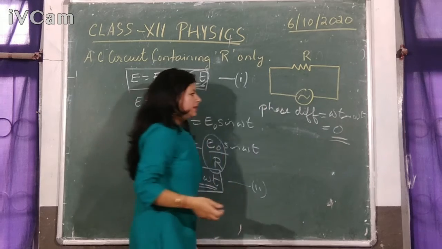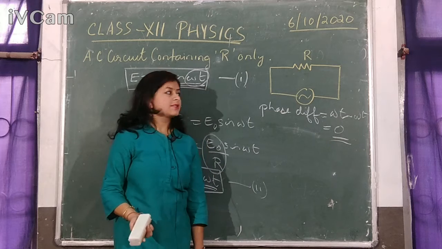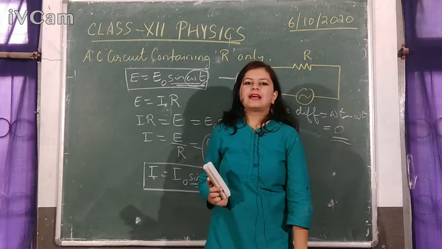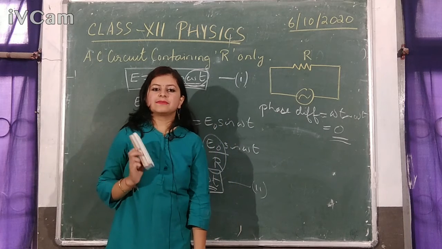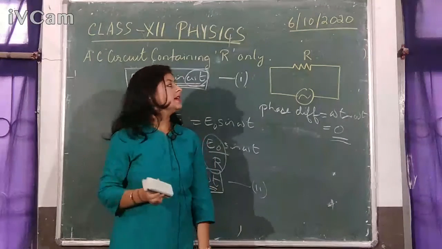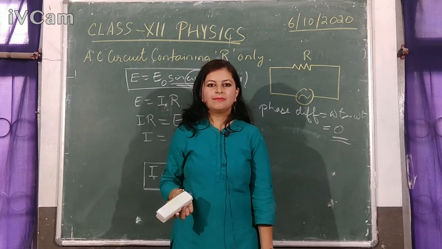That means there is no phase difference between the current and the voltage for a circuit containing R only. It actually means that whenever the voltage is at its minimum, the current is also at its minimum. You know the wave, right? And whenever the current is at maximum, the voltage is also at the maximum.